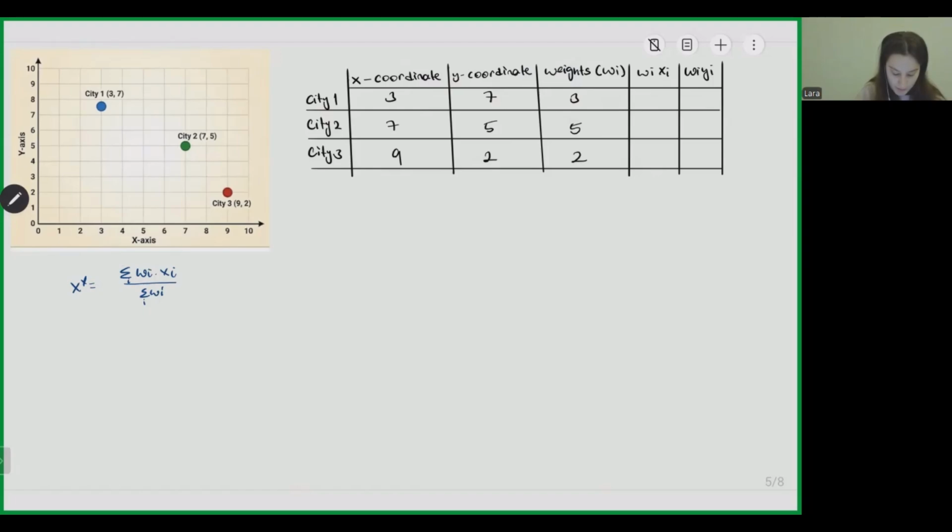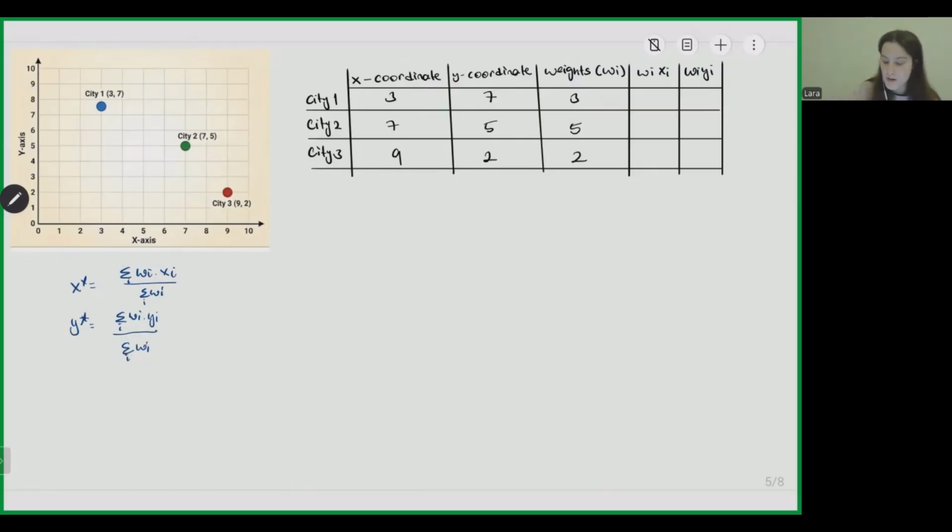And the same goes for y star, which is going to be the summation of the multiplication of the weights times the y value, and then we're going to divide that by the weight. Okay, so how do we do that?